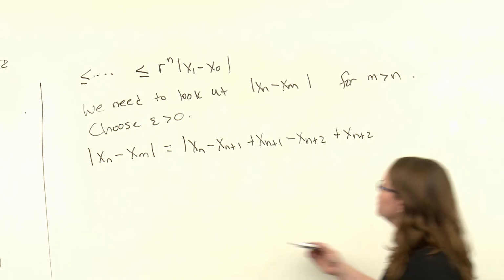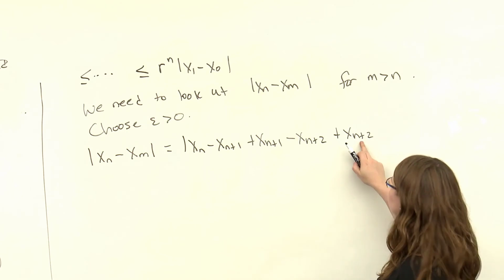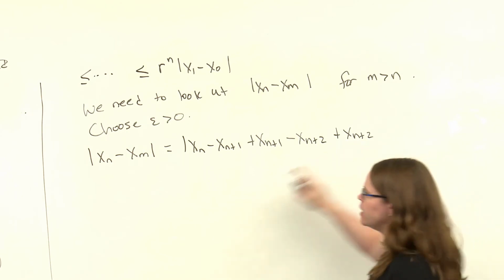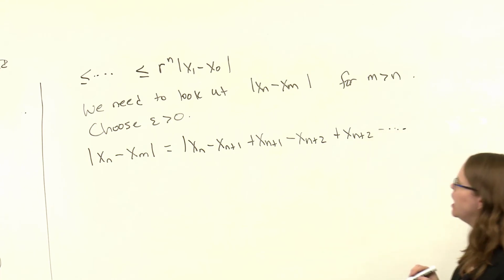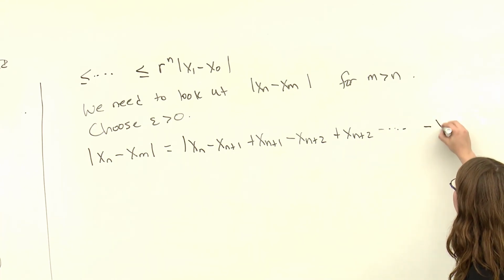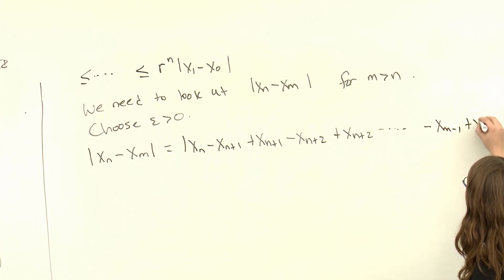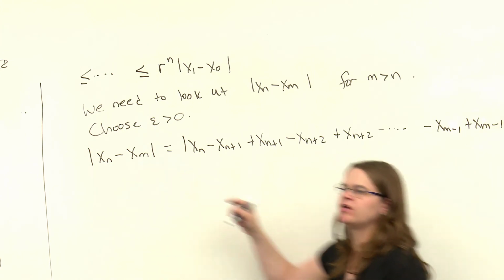And I could keep going. This is the bigger index, so every time I add another term here, I'm getting closer and closer to m. At some point, I subtracted off an xm minus 1, and then I added it back on, and then I still have this minus xm at the end.